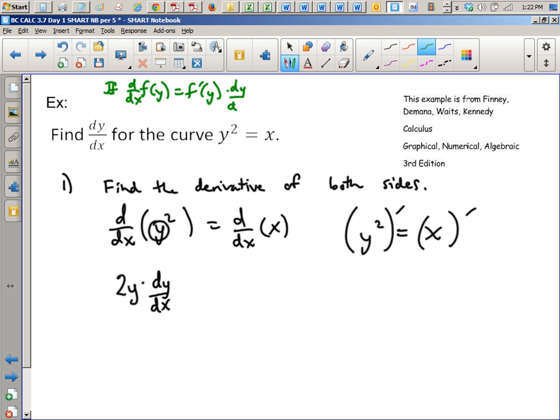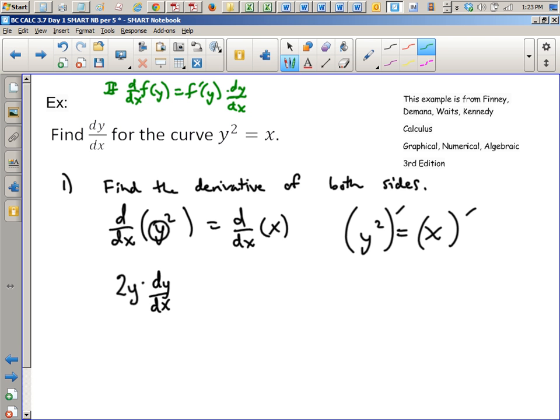It's the chain rule. Very, very important. So what did you guys say when I first asked what's the derivative of y squared? Some of you said 2y. You were right, you just need a dy dx also, okay? So next time don't say 2y, say 2y dy dx.